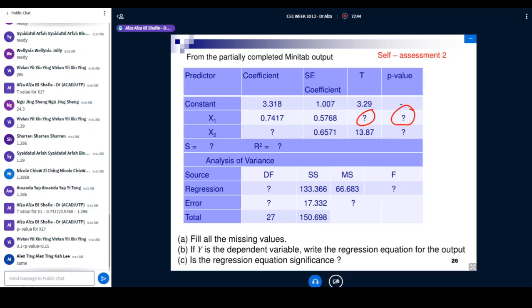So the t-test is a two-sided test, so don't forget. It should be 2 times 0.1. You all forgot to multiply by 2. That should be the p-value here. What you all did here is right, but you just need to multiply this by 2. Okay, then you get it.